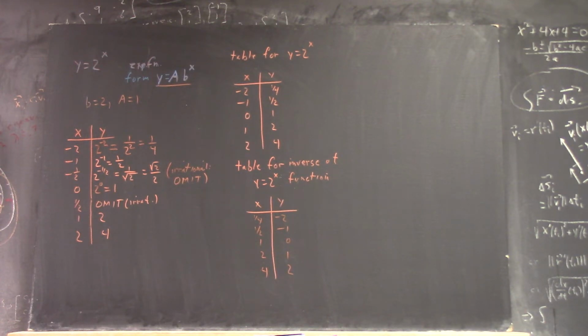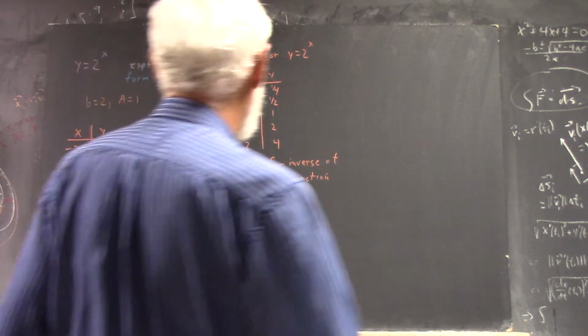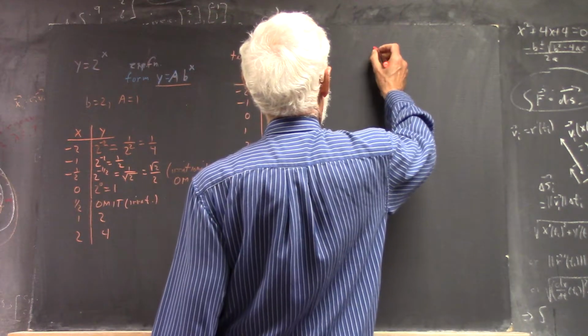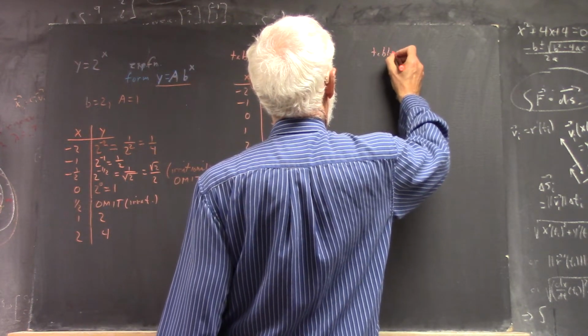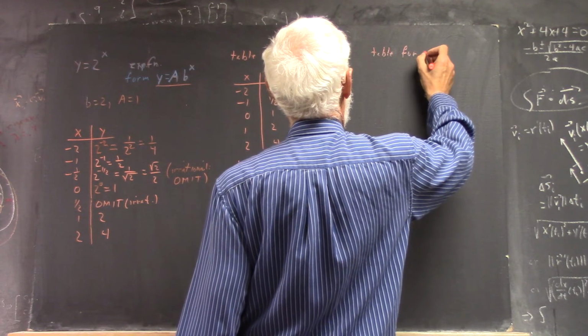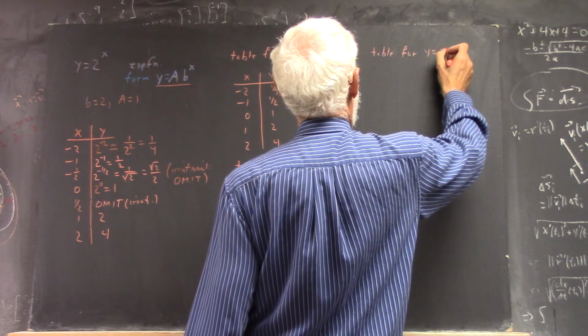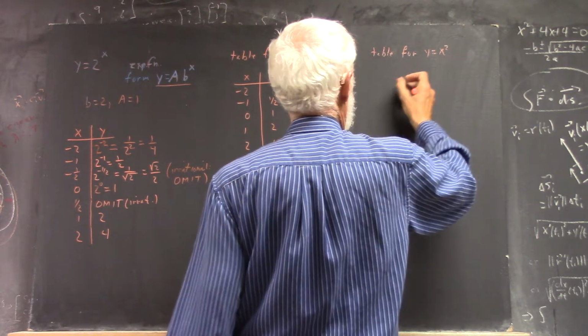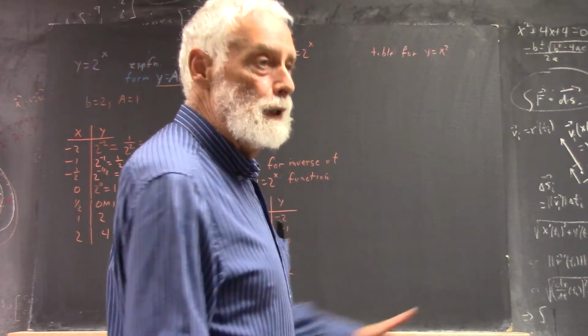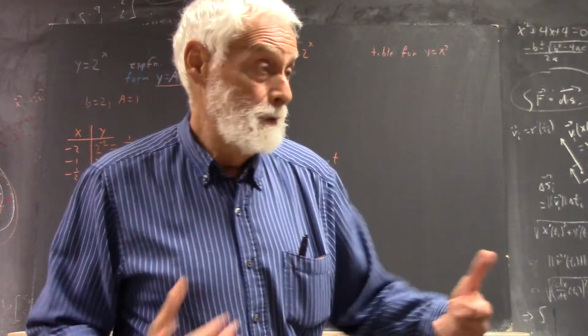Now in a minute we'll stop and I'll ask you to sketch a graph of this. But there's one more. Of course, I could do this for any of the basic functions. I can switch the columns.